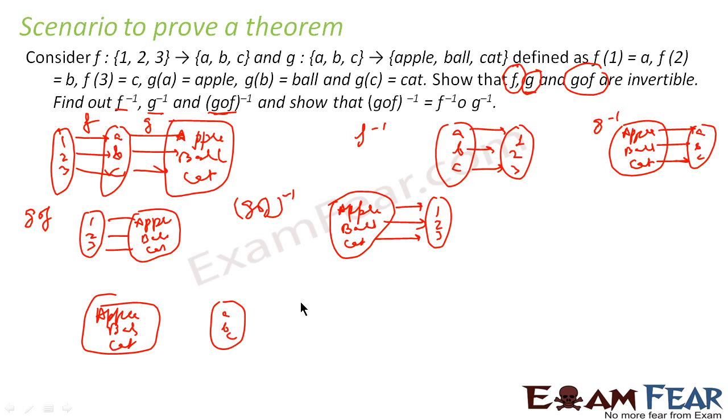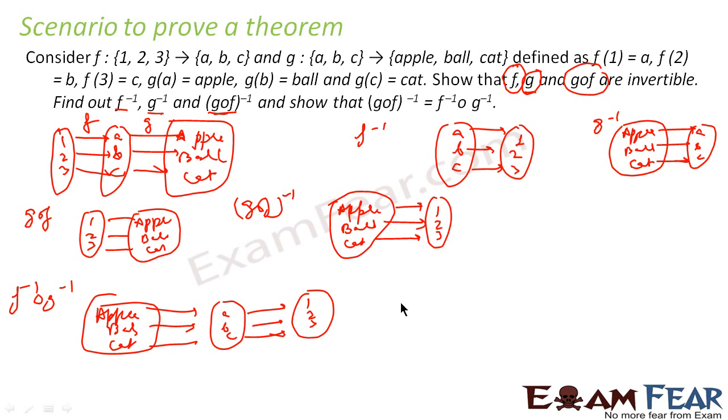With this I have to merge f inverse, because it is f inverse of g inverse. So first I do g inverse and I put f inverse here. This is 1, 2, 3. If I merge these two, this is what I get, f inverse of g inverse.